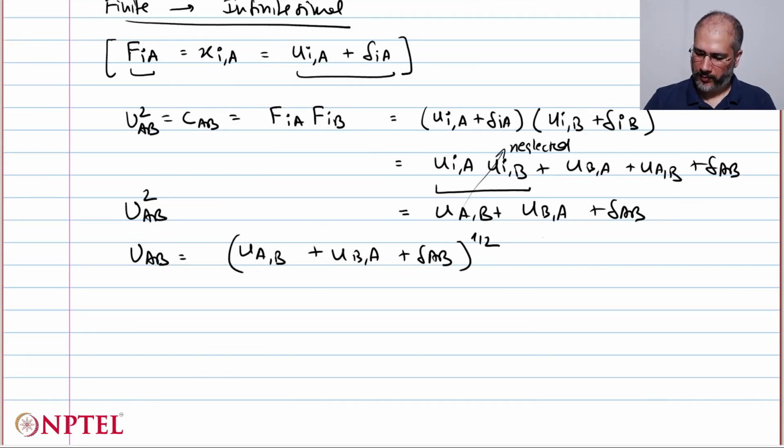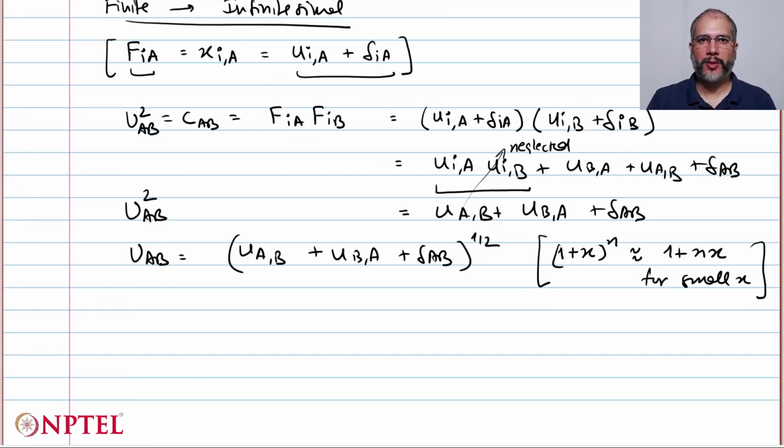And if you recall that we used to write in polynomials that if we have 1 plus x to the power of n, that can be written as 1 plus nx for small x values. So in matrix algebra, this also holds.